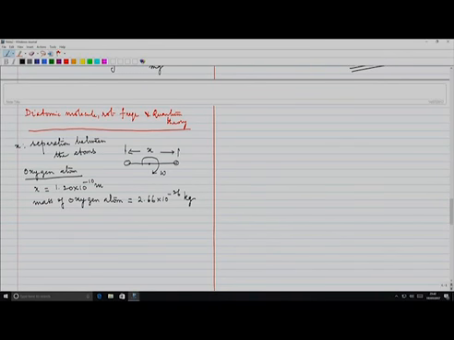Now, what is it that you are asked to calculate? You are asked to calculate the rotational frequency. Now, how are you going to go about it?